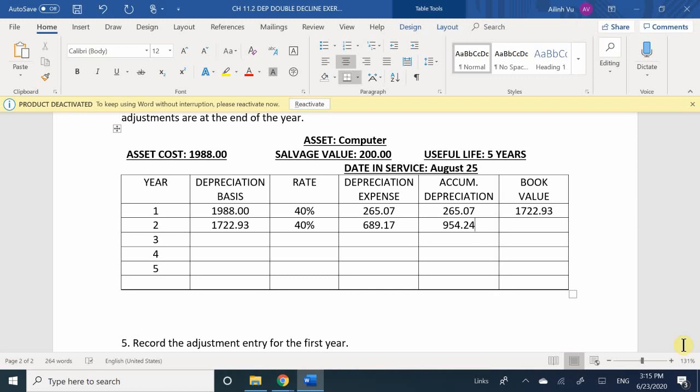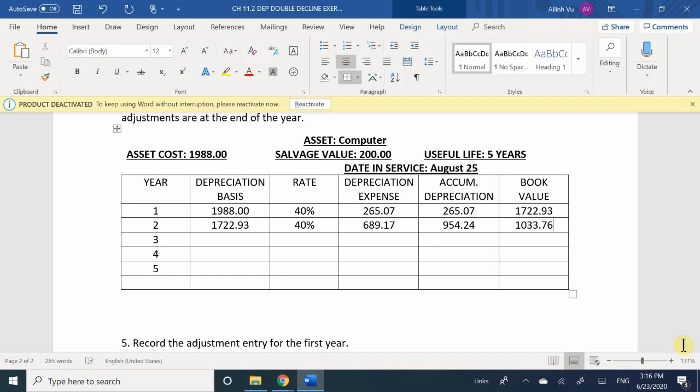Okay, 689.17 plus 265.07. Yeah, right, 24 cents. 24 cents is correct. And then let's solve for book value. Minus 1988, which should give you how much? 1033.76. That's right.